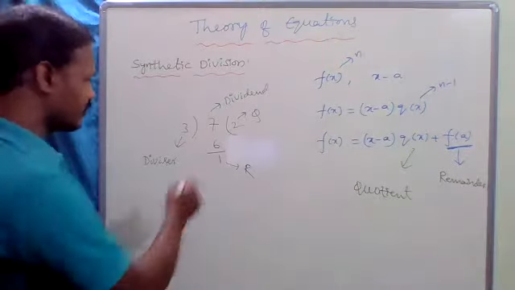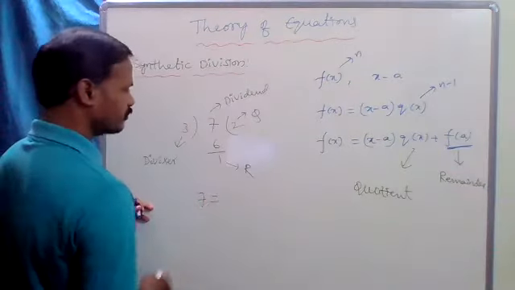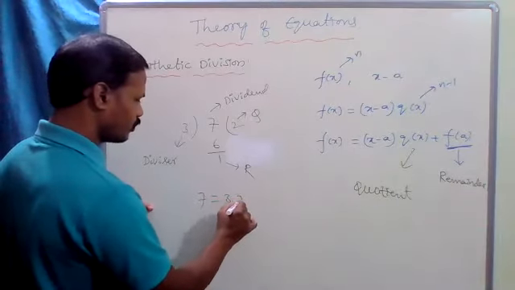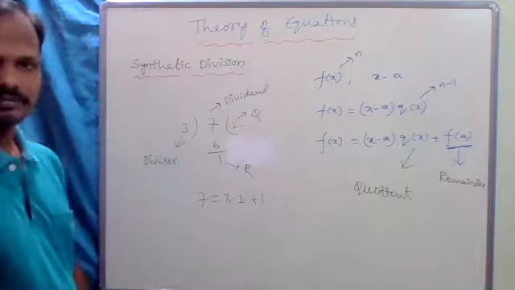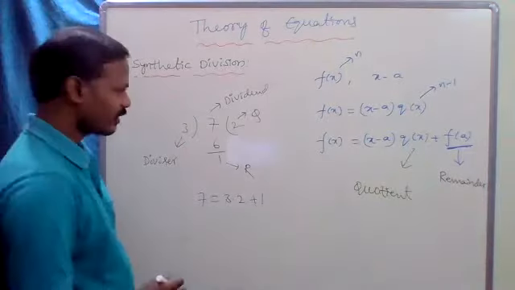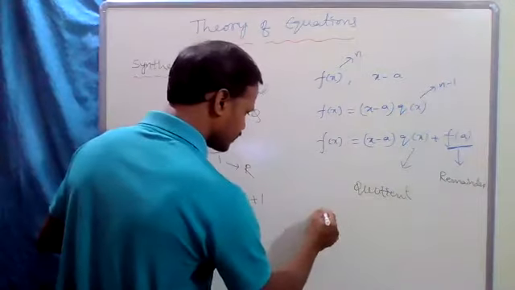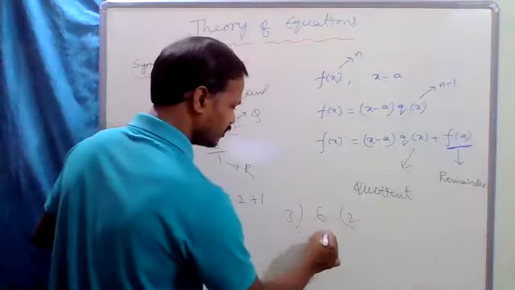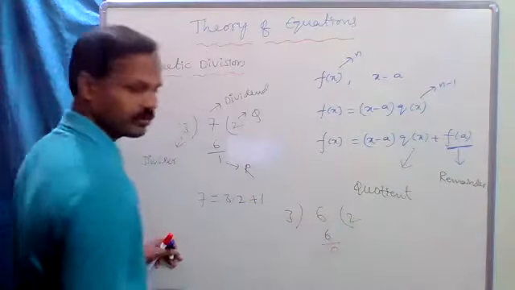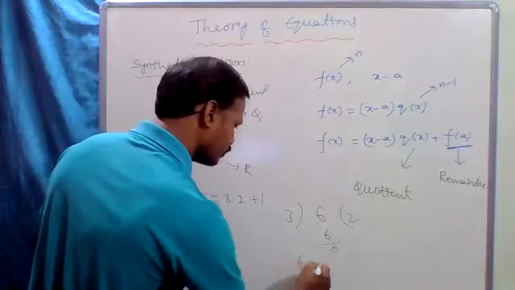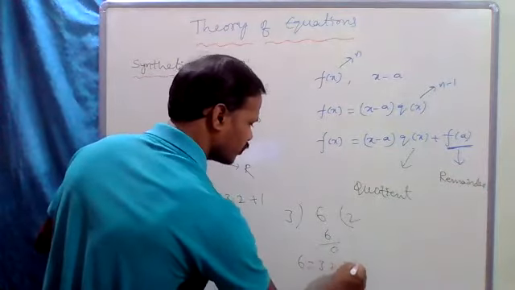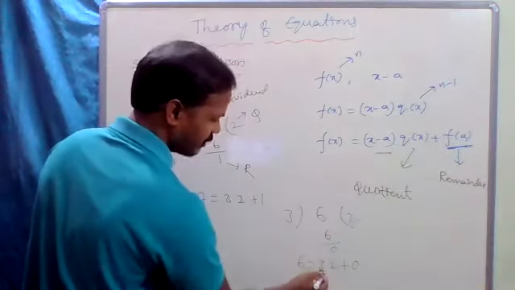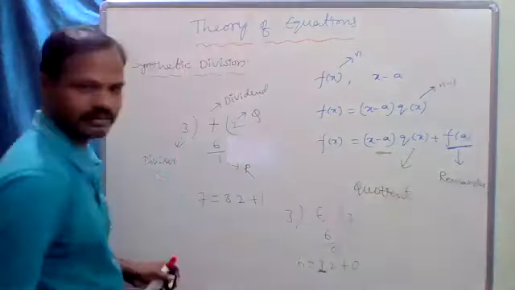So 7 equals 3 into 2 plus 1. Suppose 6 is given. If you divide by 3, 3 twos are 6, remainder 0. So 6 equals 3 into 2 plus 0. Now here, this 3 is the factor, just like x minus a. Compare this with that one.